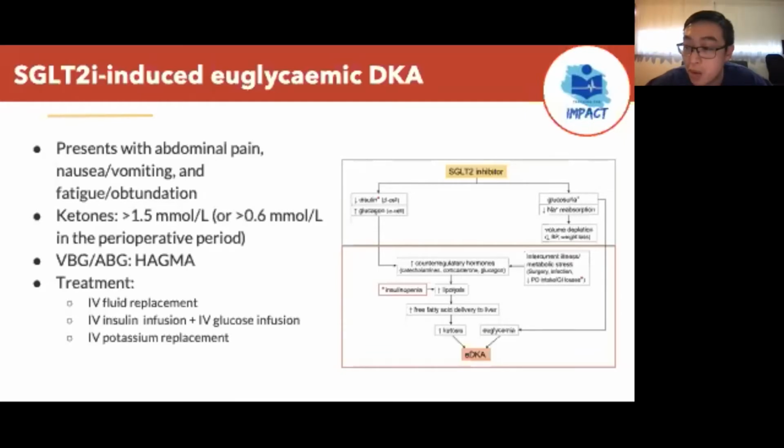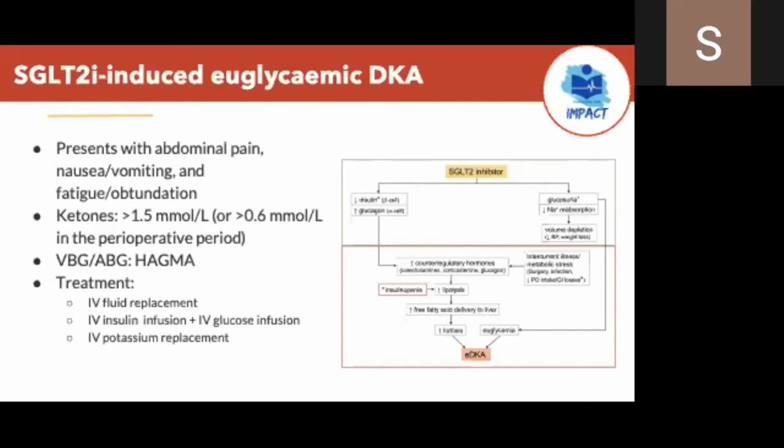Shen, can you explain what MUDPILES is? I'm not sure about the 4 classical causes, but there's an acronym for increased anion gap metabolic acidosis.